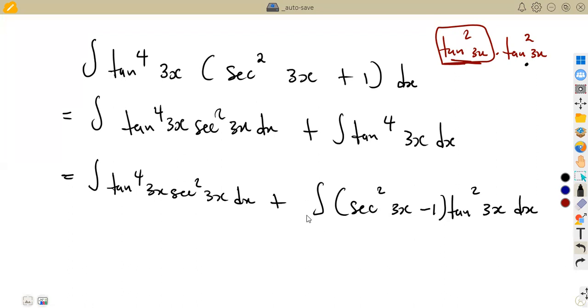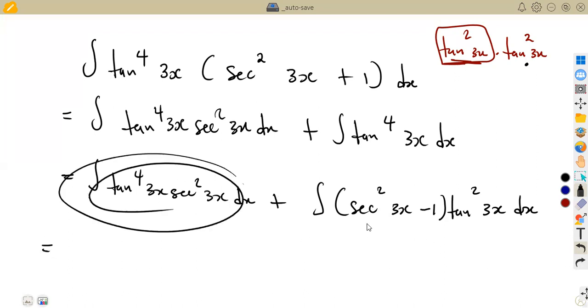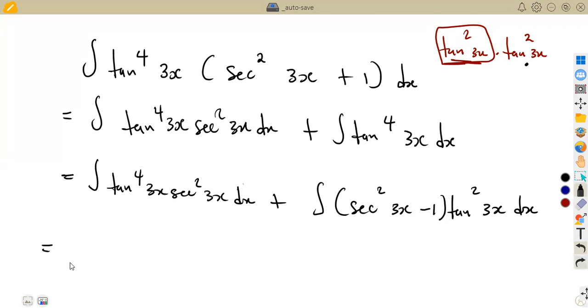And again, like I said, for tan, don't integrate until the last stage where you can integrate everything. So the rest, write it until the last stage. So this is the integral of tan to the exponent of 4, 3x sec squared 3x with respect to x. We multiply.